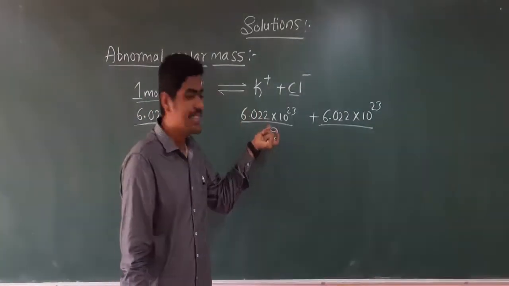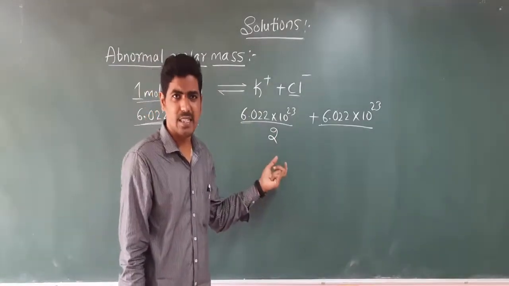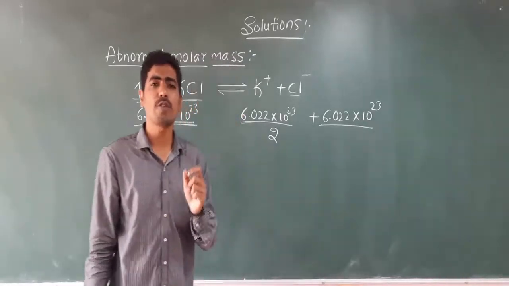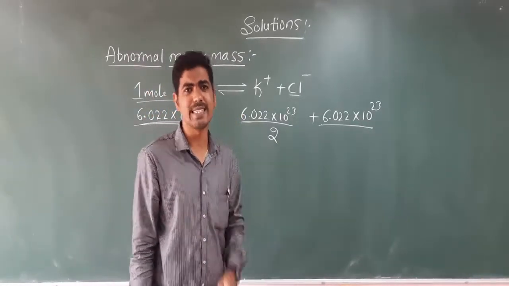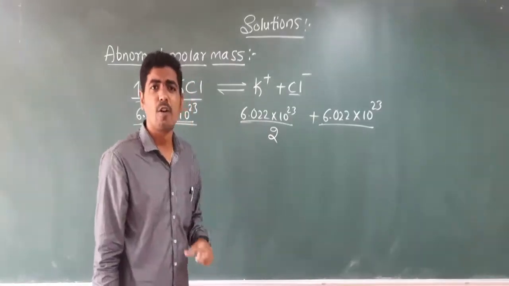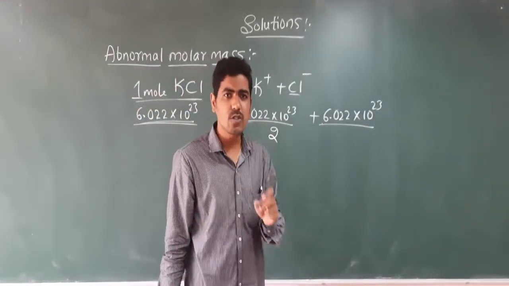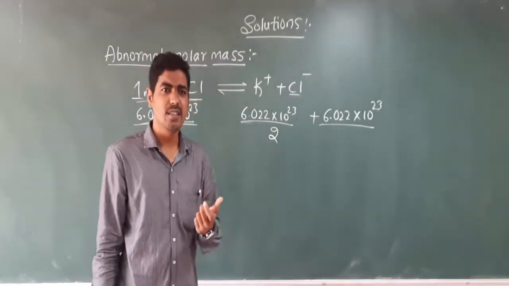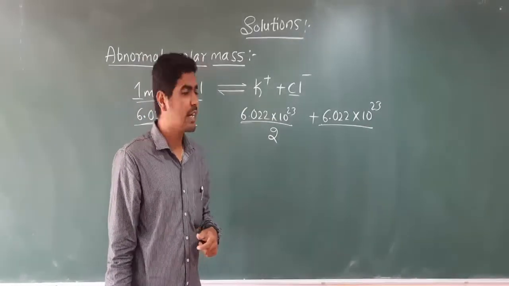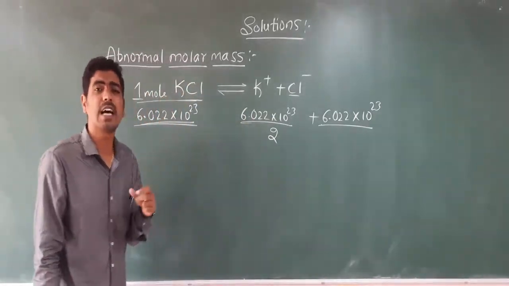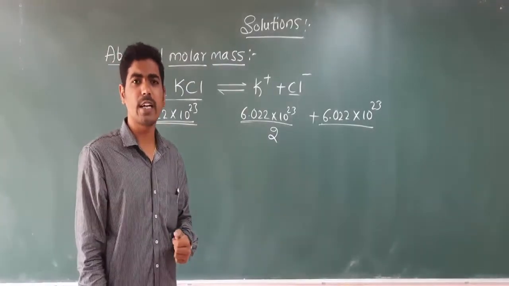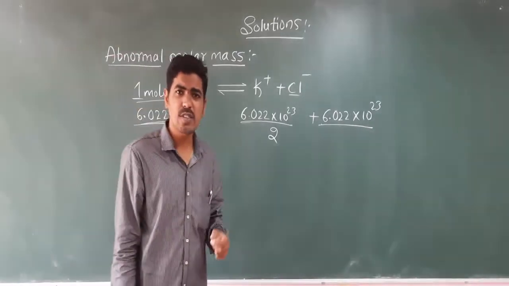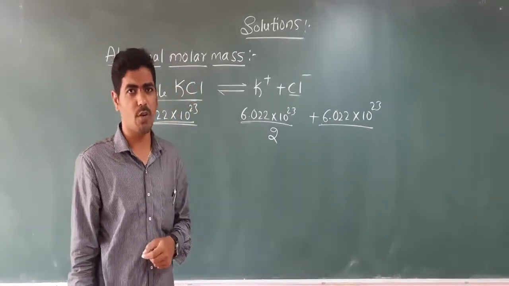So, due to the change in the number of particles upon dissolving in the solvent, the molar mass of those solutes will also change. This is one of the reasons for the change in the values of molar masses. You won't get the exact actual value when compared to the values calculated by using the colligative properties. One of the reasons is that the particles undergo dissociation upon addition to the solvent.